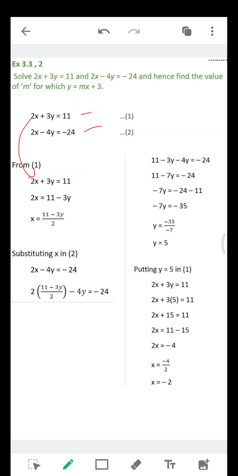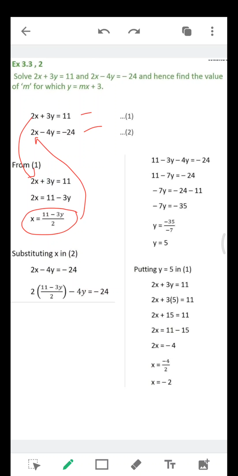From equation number 1, I'll find the value of x. It will be 11 minus 3y by 2. Put this value in equation number 2. Because we are taking x from 1, we should put the value in equation number 2. That is the main important point in the substitution method. Substituting this x value in 2, our equation number 2 is 2x minus 4y equals 20 minus 24.